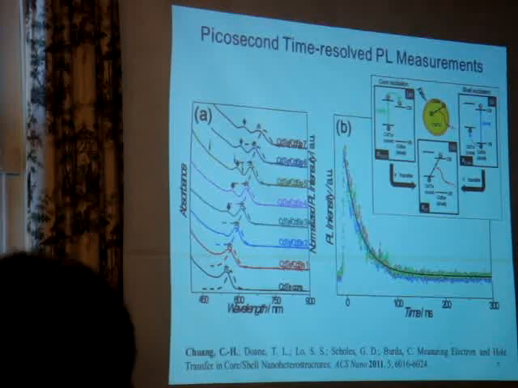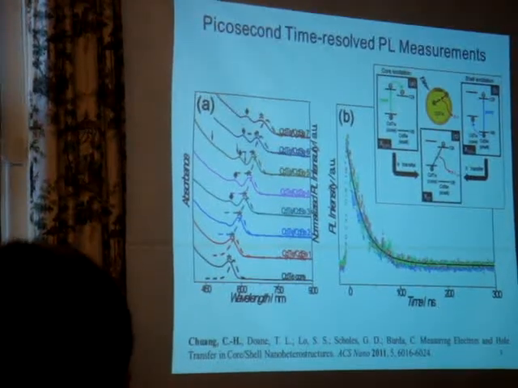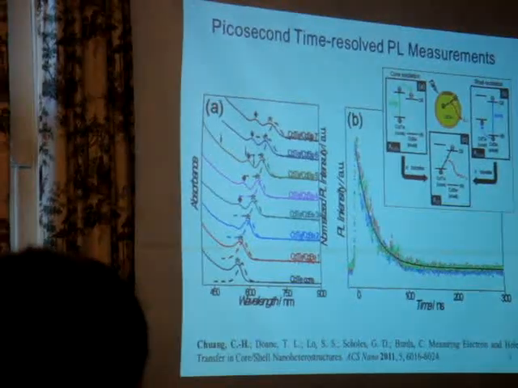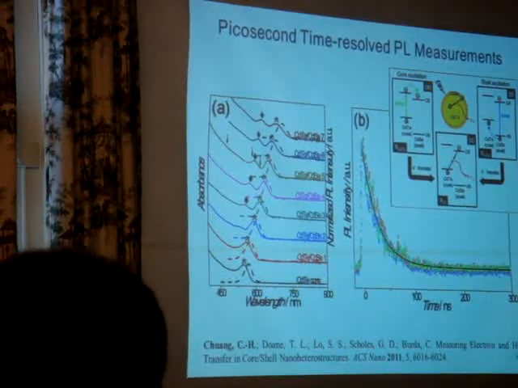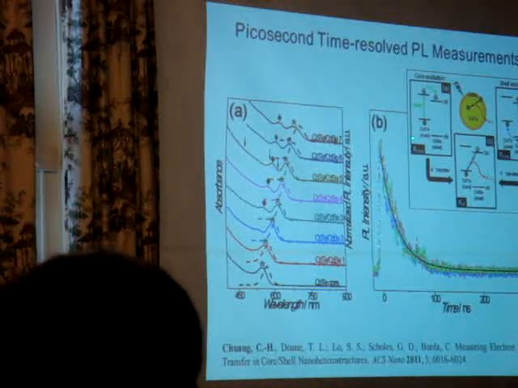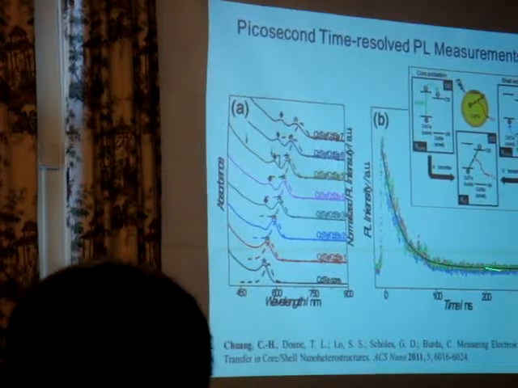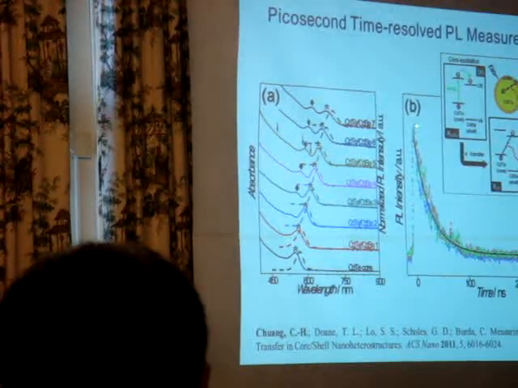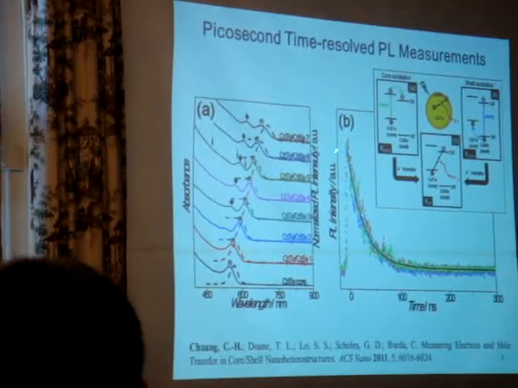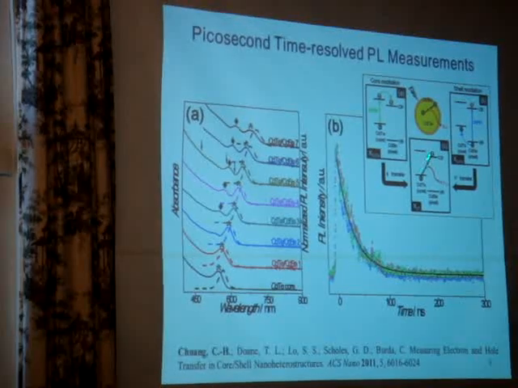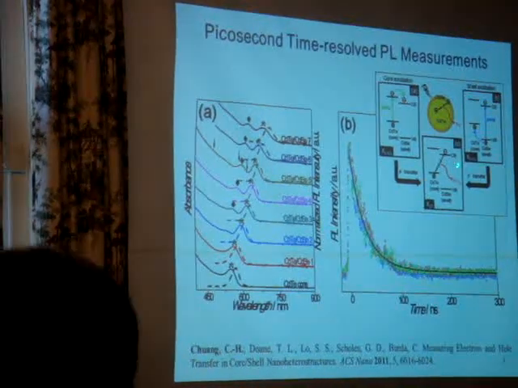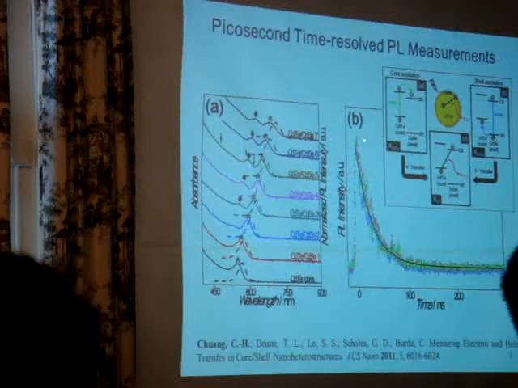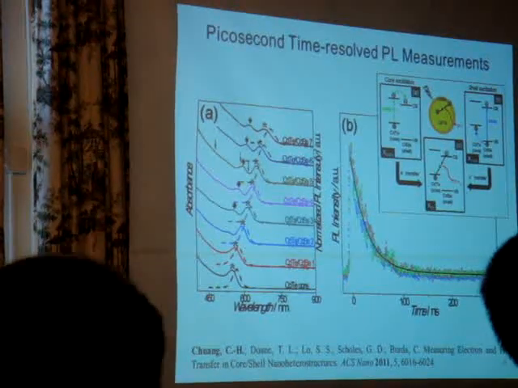And the third excitation wavelength is pretty high and can excite both core and shell. No matter which excitation we use, we always see the emission at a constant wavelength with a constant lifetime. So this result indicates the final state we observe is actually the charge transfer state, at a constant emission wavelength and a constant emission lifetime.